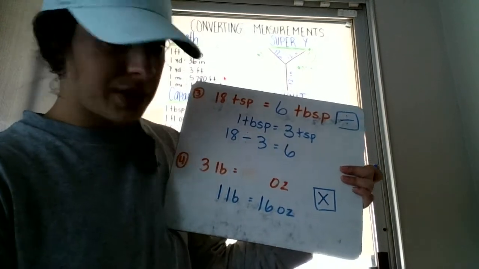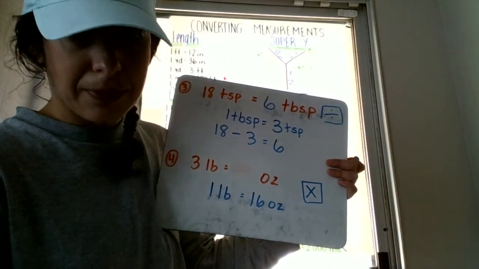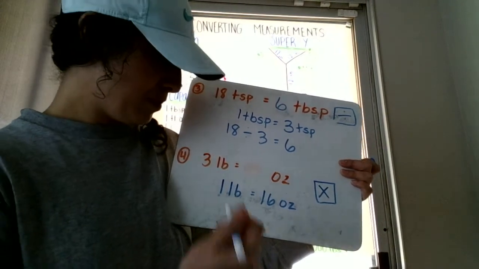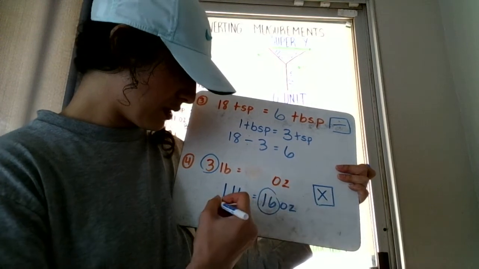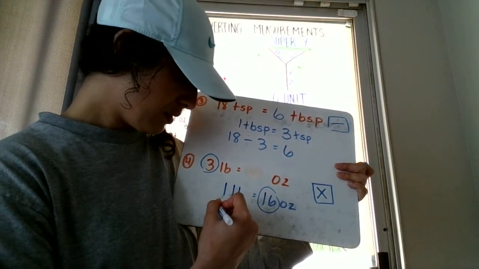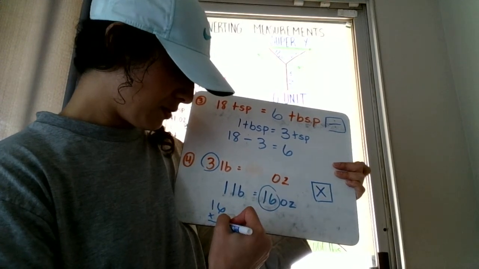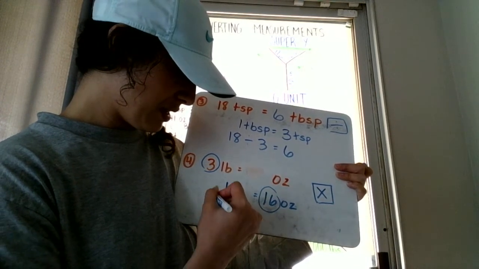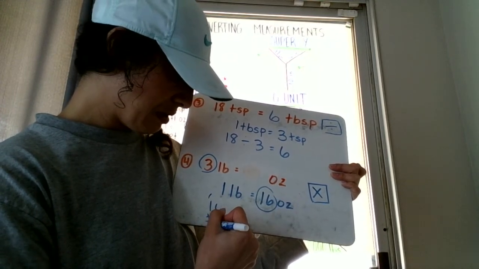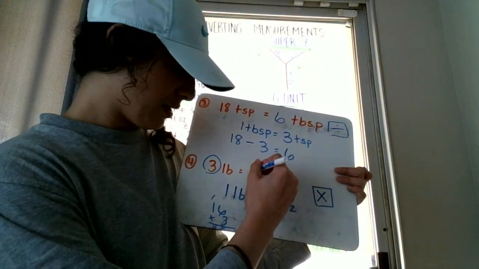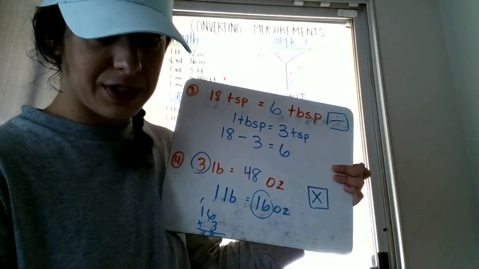So what numbers am I going to multiply, since I already know I'm going to be multiplying? I'm going to be multiplying the 3 and the 16. So 16 times 3 is going to give me, yikes, 3 times 1 is 3, plus 1, eek, is 4. So I have 48 ounces.